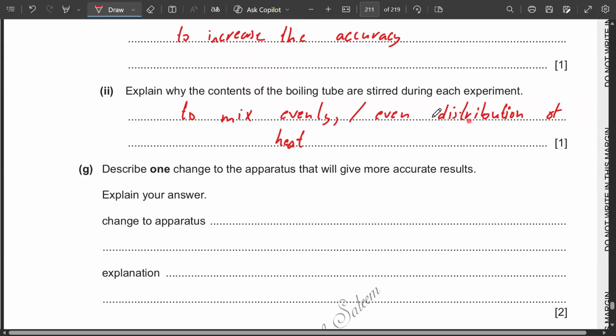So stirring helps to evenly distribute the heat.